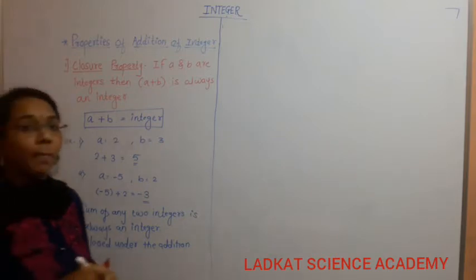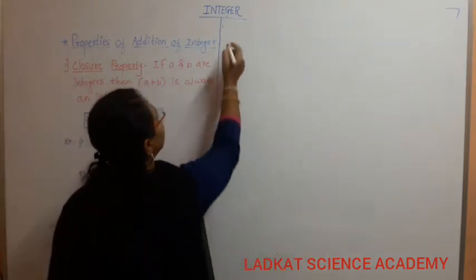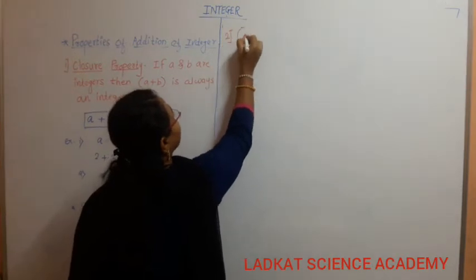You will see the next property. Next property is the commutative property.